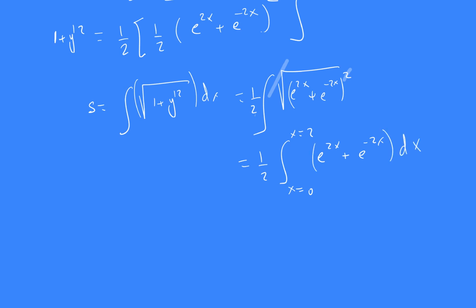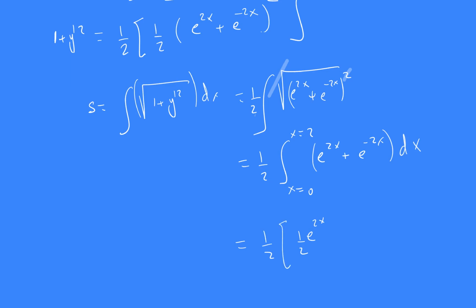Okay, so it will be 1/2 the integral of e to the 2x is e to the 2x. Now if I make the derivative, it will be a 2, so the integral is 1/2 e to the 2x.